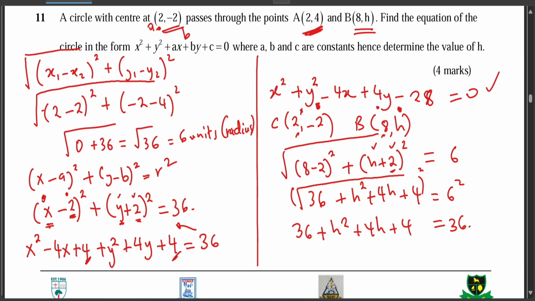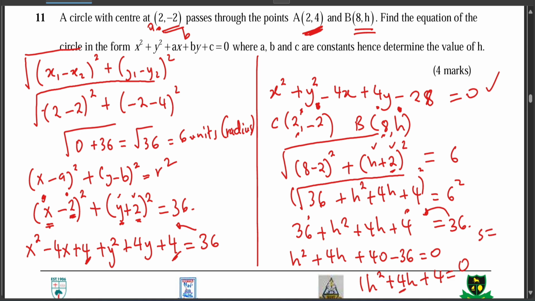Collect the like terms. So itakuwa ni h squared plus 4h, 36 plus 4 ni 40, then 36 ile on the right side ipeleke the other side, itakuwa ni minus 36, which is equal to 0. So at the end of the day itakupa h squared plus 4h plus 4, which is equal to 0. So let's find out a sum product. Sum yetu ni 4, product yetu ni 4 pia. So which two numbers?